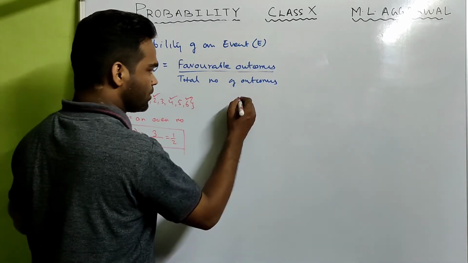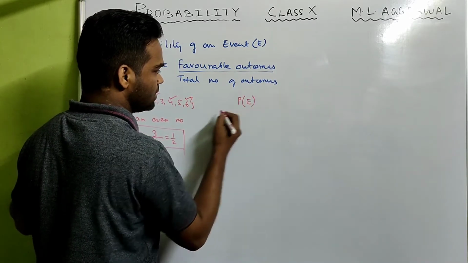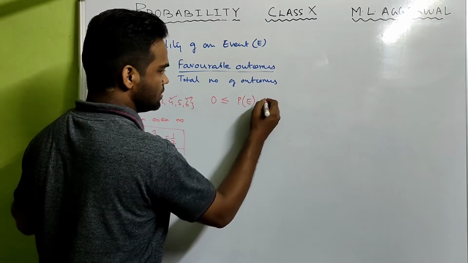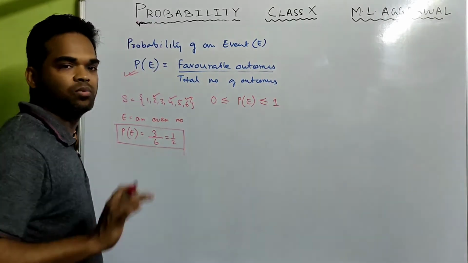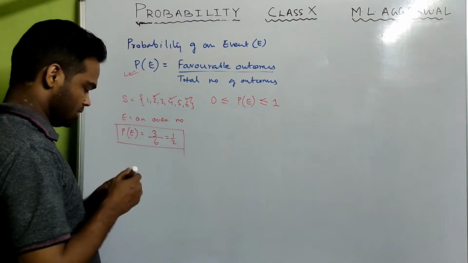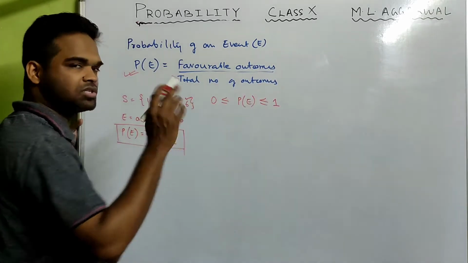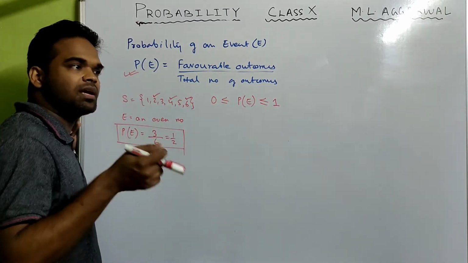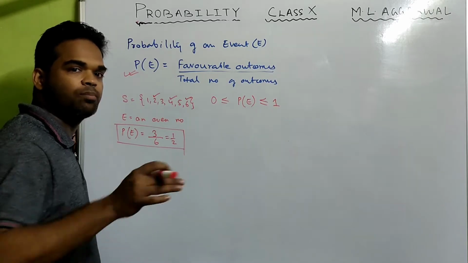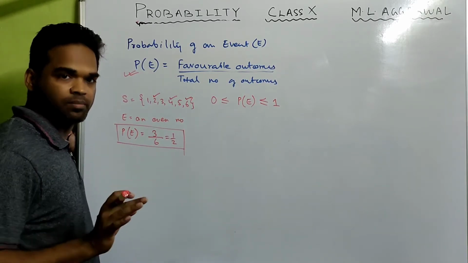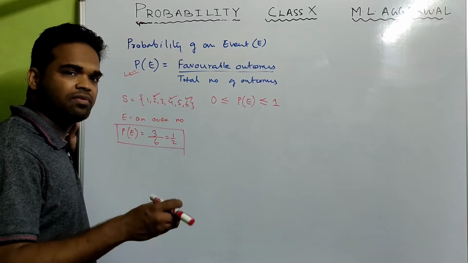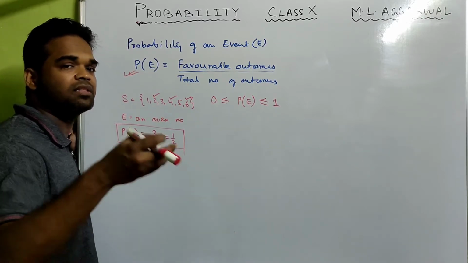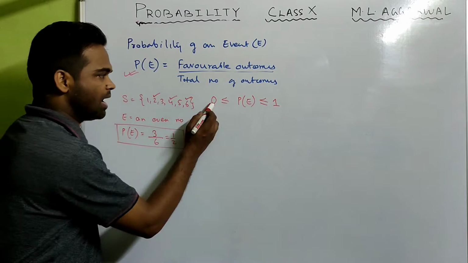And the value of probability of any event lies between 0 and 1, both included. Why 0 and 1? Why 0? Because there can be an event which is not possible in an experiment. For example, if I throw a die and the event is to get a number greater than 6, the probability will be 0.